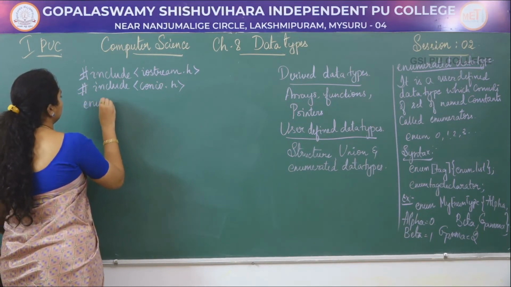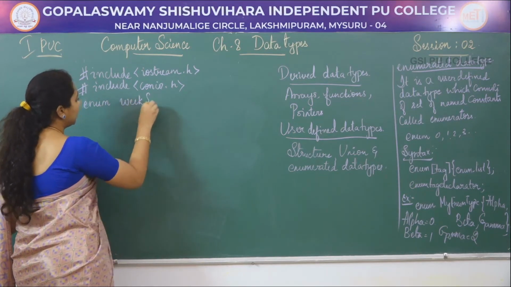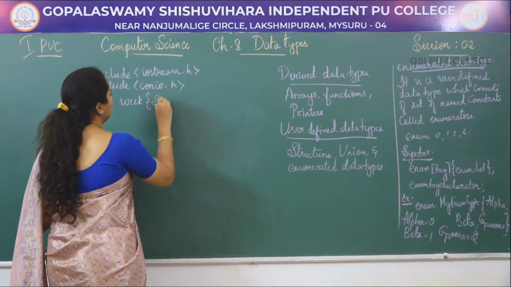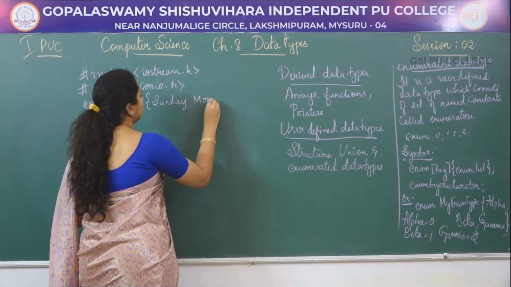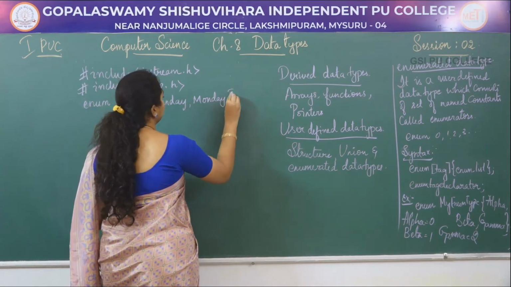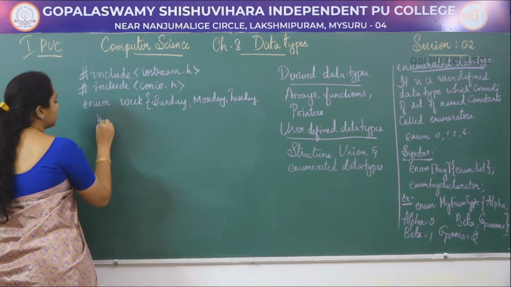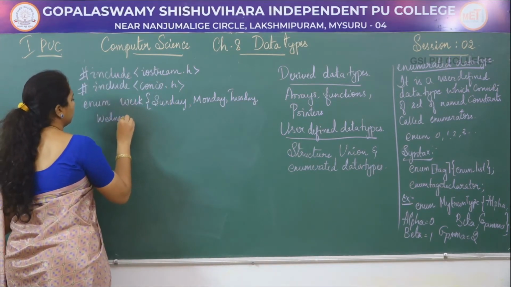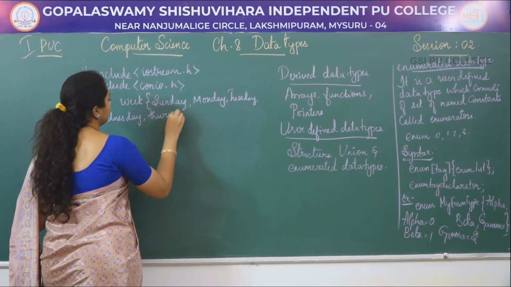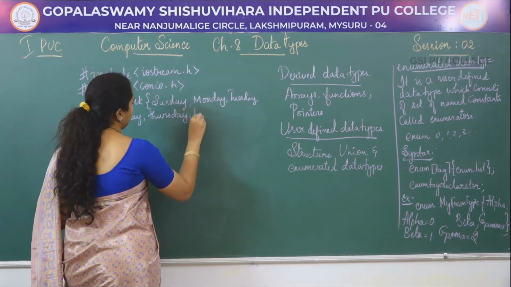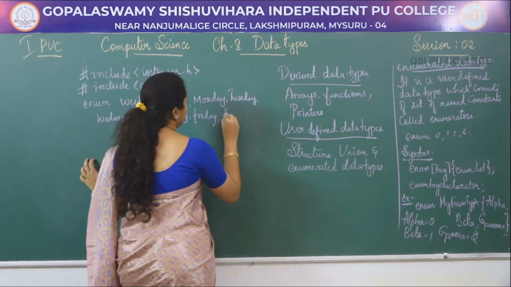Enum week. So here I am going to write the list of values: Sunday, Monday, Tuesday, Wednesday, Thursday, Friday and Saturday.